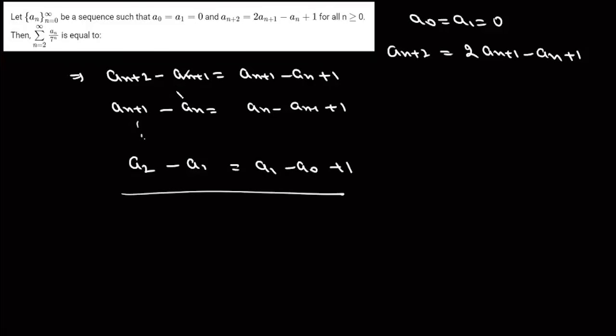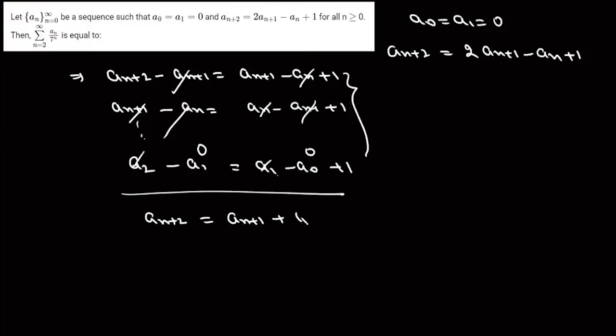Now, if we add them all up, these terms will cancel. Now, A1 is 0 and A0 is also 0. So we can write An plus 2 equal to An plus 1 plus 1 plus 1 plus 1, which starts from 1 to n plus 1, so it will be n plus 1. So from here we can write An plus 2 minus An plus 1 will be equal to n plus 1.